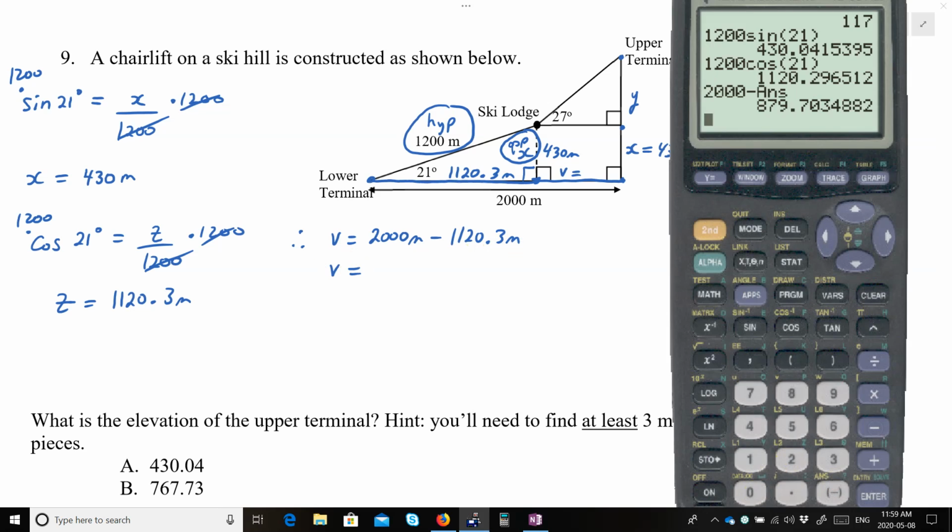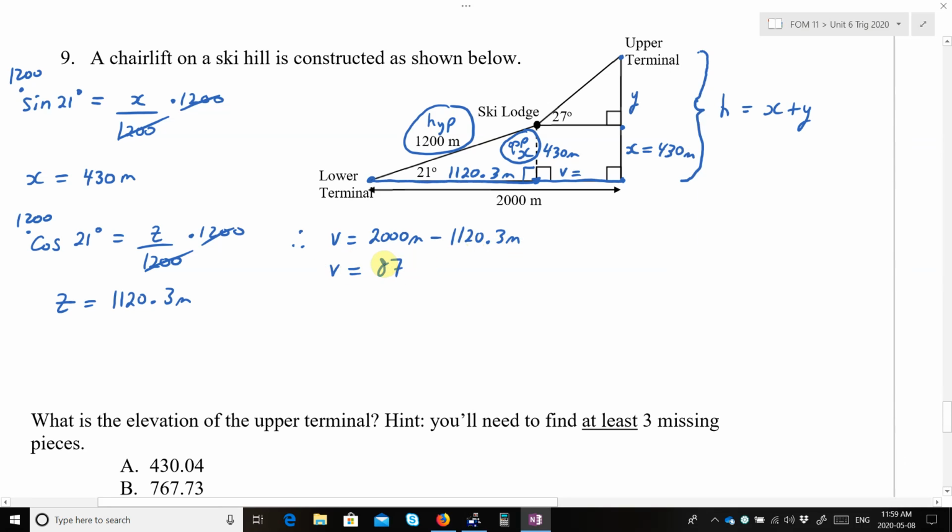And we get 879.7. So that's what this is, and since that's a rectangle, this is 879.7, and now we can use this 27 degrees and the 879.7 to get y.